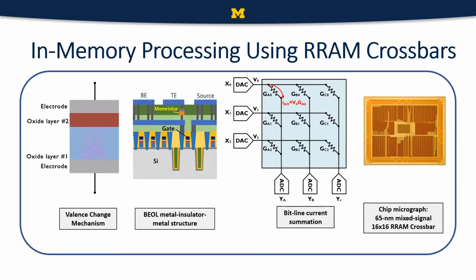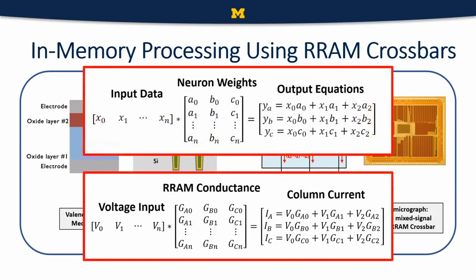Now, using Ohm's law and Kirchhoff's current law in combination, each device is able to draw current. We're effectively able to use the naturally occurring circuit laws to implement matrix vector multiplication. The multiply steps are integrated using Ohm's law: voltage times conductance equals the current that's drawn.